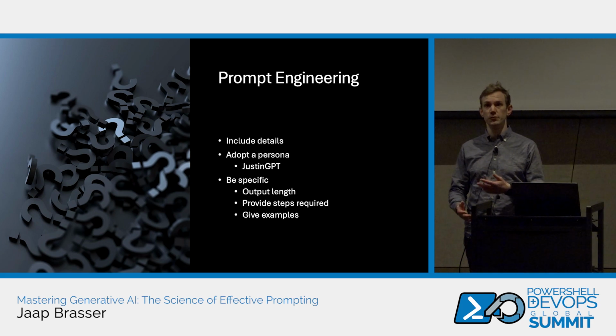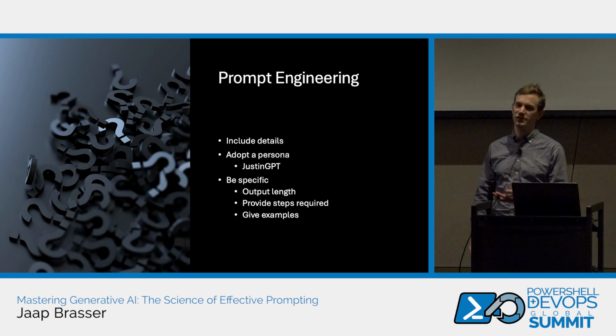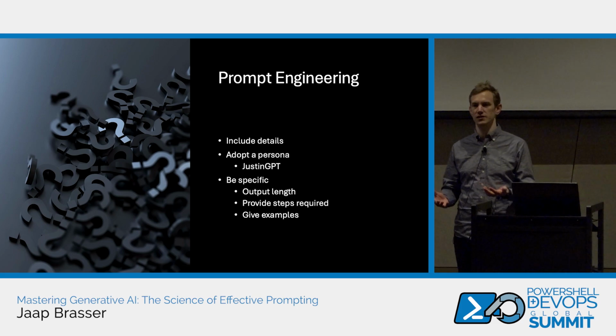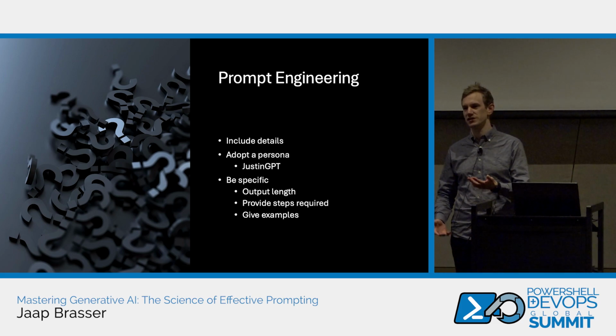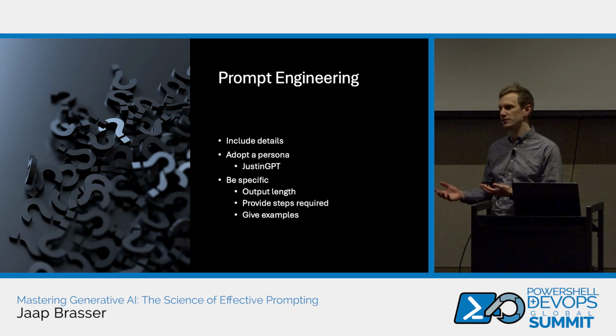The models are taking in more and more tokens, so you can put more and more data in there, but make sure it's quality data as well. It's not good to ask it, write me a script that does X. It might give you the results you want, that's what Copilot does as well, but providing more context about your environment, your coding style, and what you expected to deliver makes a big difference.